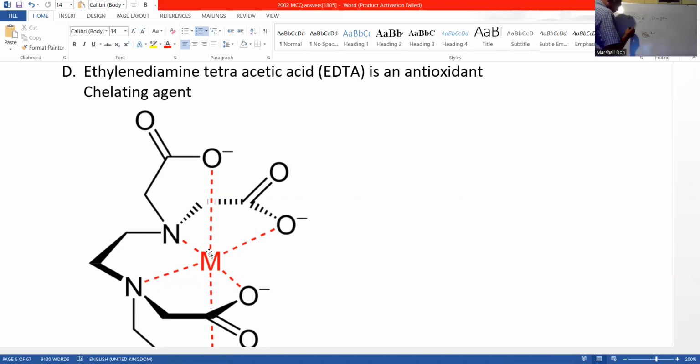Around that you get nitrogen, oxygen, again nitrogen. All these atoms in this molecule have lone pairs of electrons. So with these electrons, they catch the calcium ion. The calcium ion is not bound to one atom, it is captured there. They hold it there. So it is called chelation.